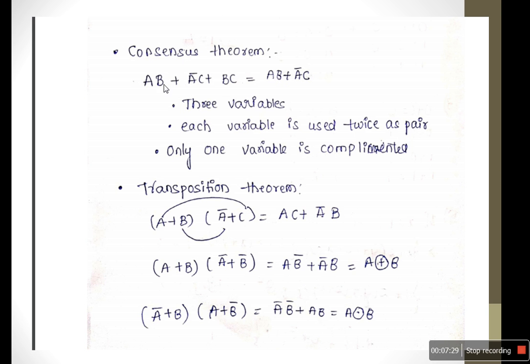This theorem states that if you have three variables A, B, C, and each variable is used twice as a pair, that means in the first term you have the two variables A, B, in the second term two more variables A, C, and in the third term the two variables B, C, and only one variable is complemented, that is A bar, then the minimized expression is AB + A bar C.